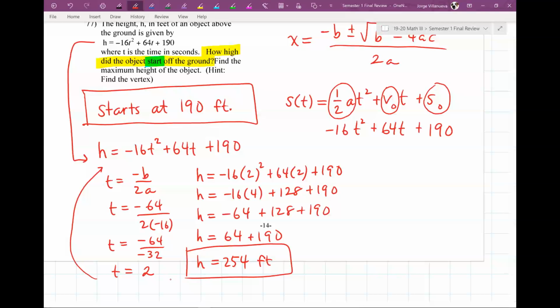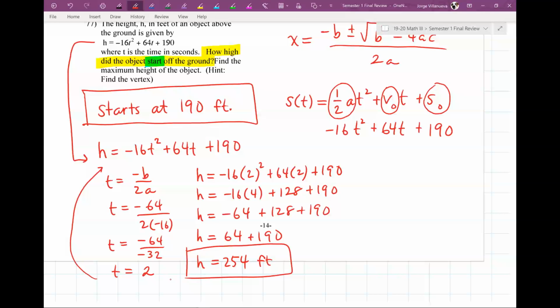The position formula is a very common formula. Those of you with some physics background will notice the formula and say, oh, I remember seeing this before. That equation reminds me of the position function, and so the number at the very end, my 190, that's where I started. Hopefully you remember that.